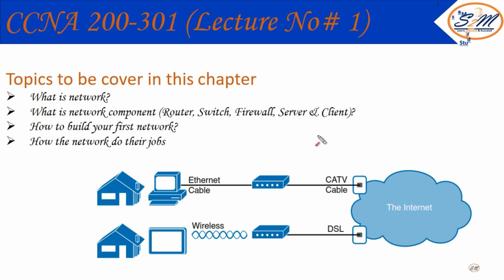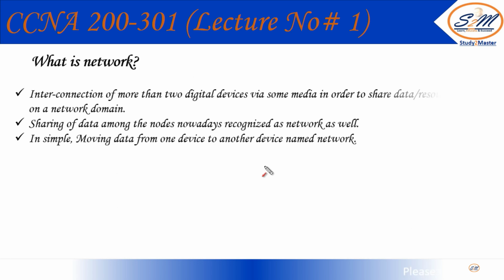Now let's jump to the next slides, and I will show you with the help of a diagram, in order to have full information about networks. What is a network? The question is, what's a network? Interconnection of two or more digital devices via some media in order to share data on a network domain is called a network.